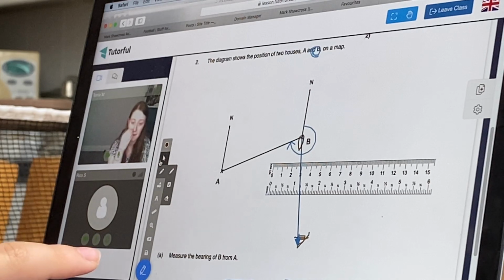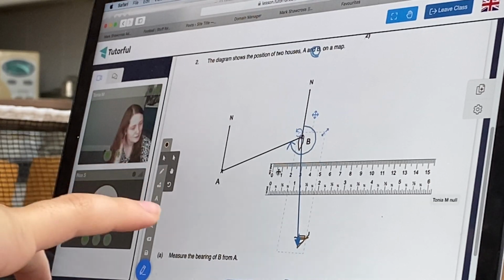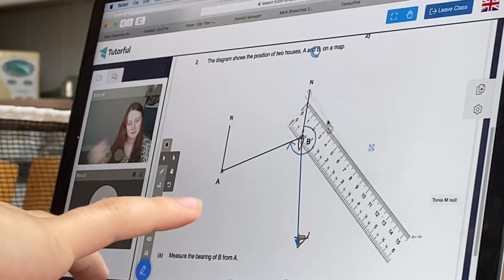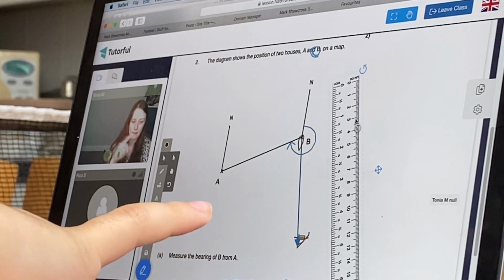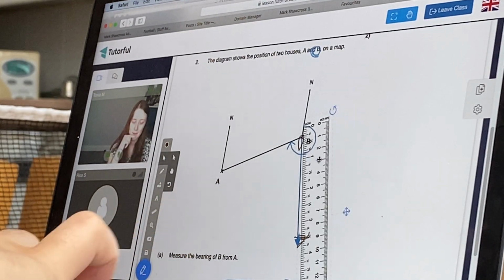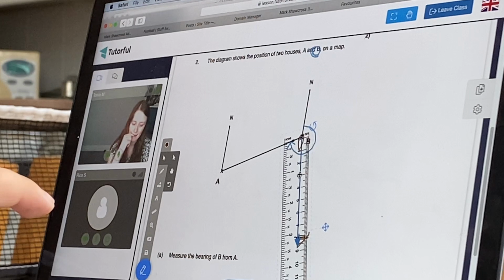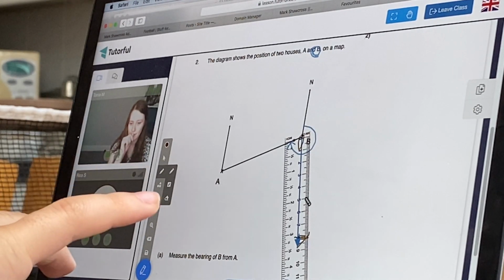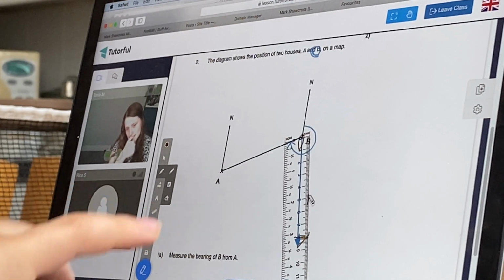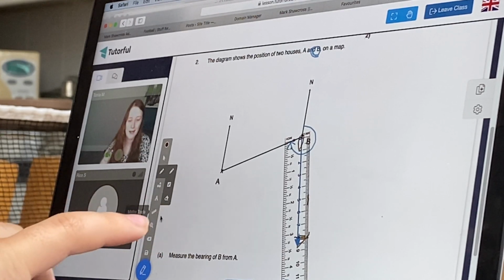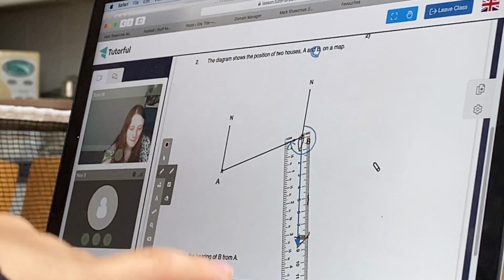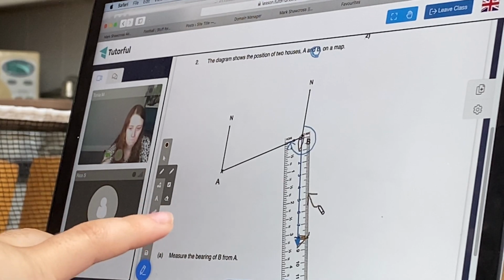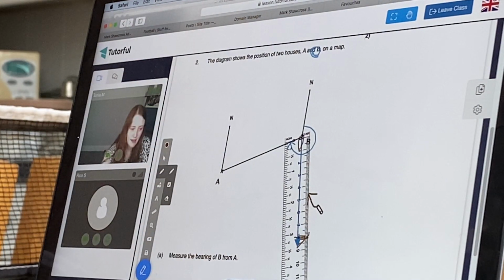Yeah, go on then. So the ruler works exactly the same. Spot on. And then line it up nice. Yeah, brilliant. And then label it C.